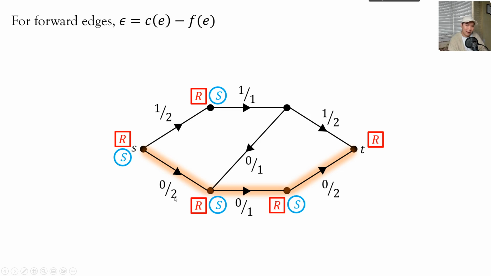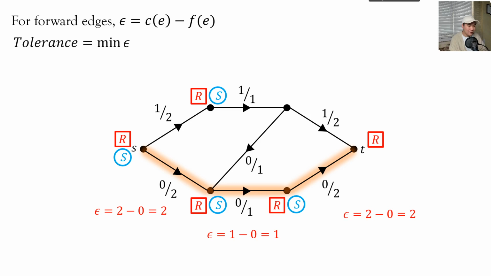So in this case, I have 2 minus 0, 2, then 1 minus 0, 1, and then 2 minus 0, that is, I get 2. So I found my excess capacity for each of these. Now I have to look for the tolerance, which again is the minimum excess capacity among these 3 edges, which we can pretty clearly see that the minimum between 2, 1, and 2 is 1.